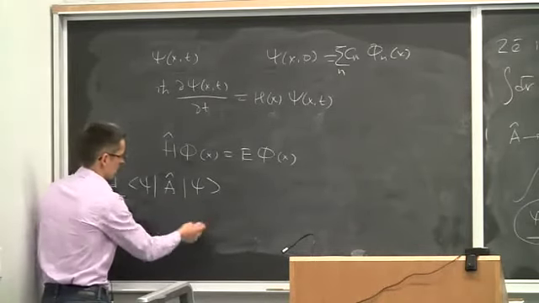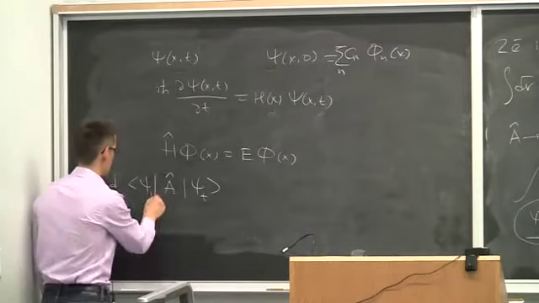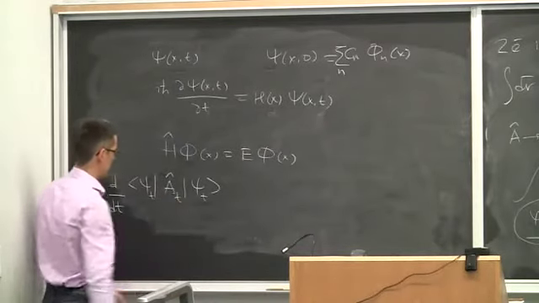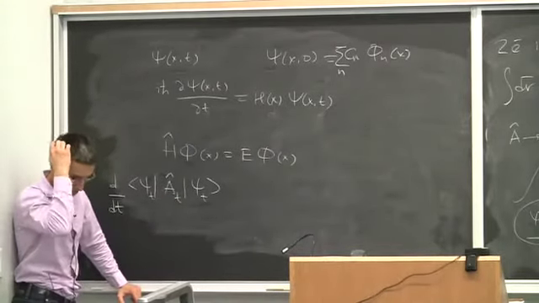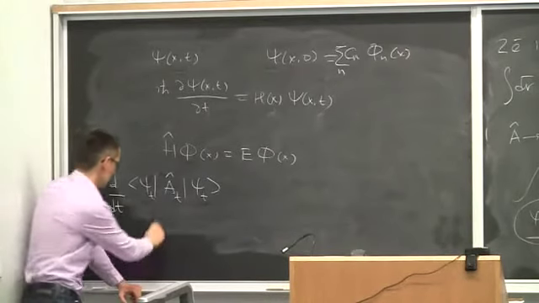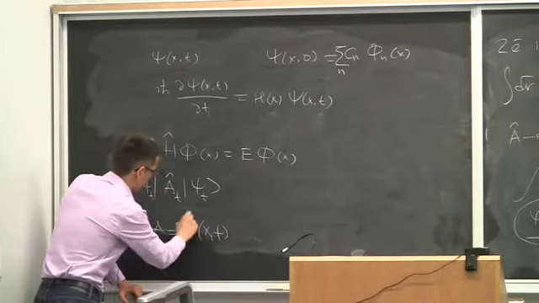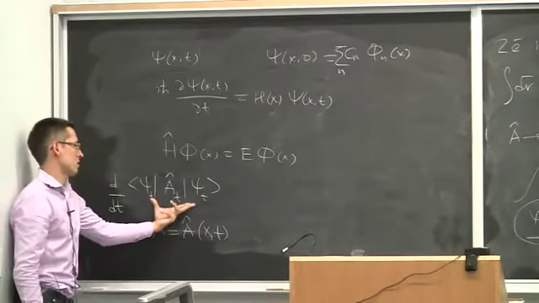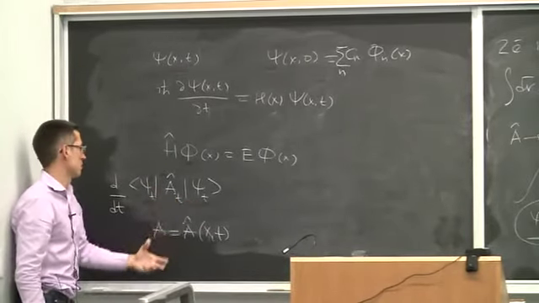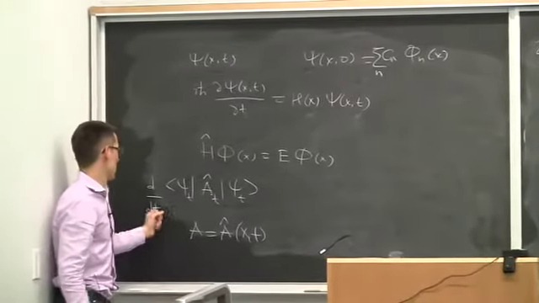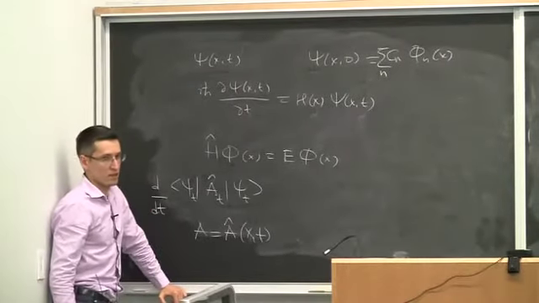Because psi can potentially depend on time, and A can depend on time. It can be a time-dependent operator, generally. So this quantity, since we integrate only over space variables, can be a function of time. And the question is, can we find its time derivative?